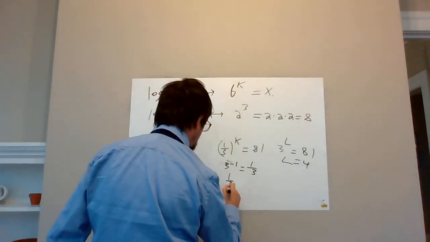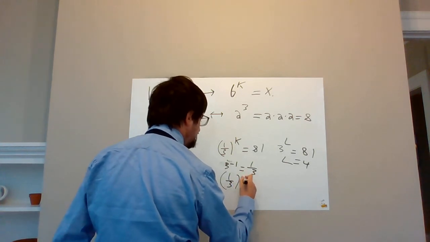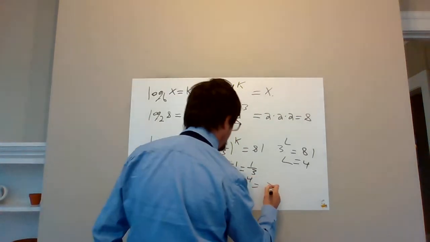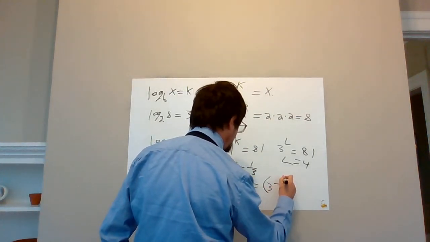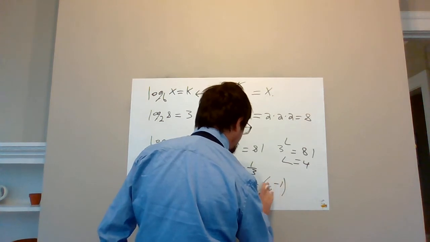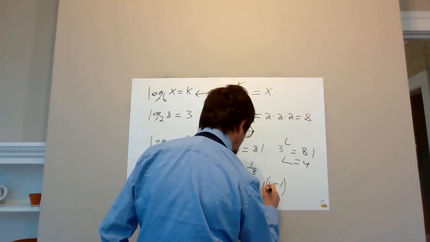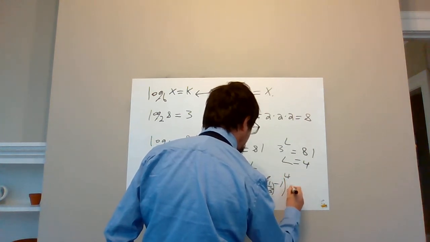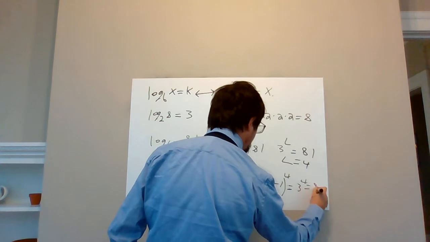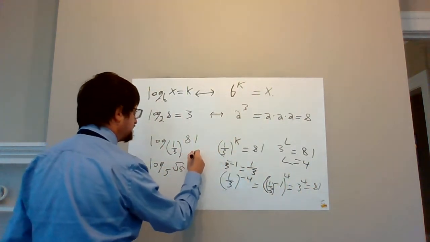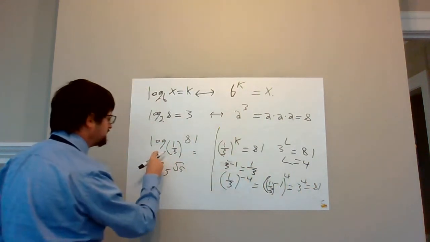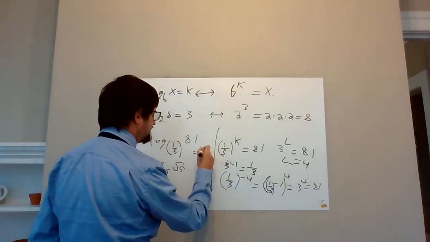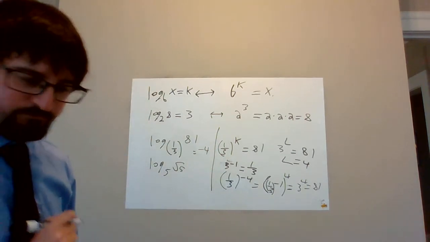So 1/3 to the negative 4 will end up being 3 to the 4, so that equals 81. So log base 1/3 of 81 is negative 4. Okay.